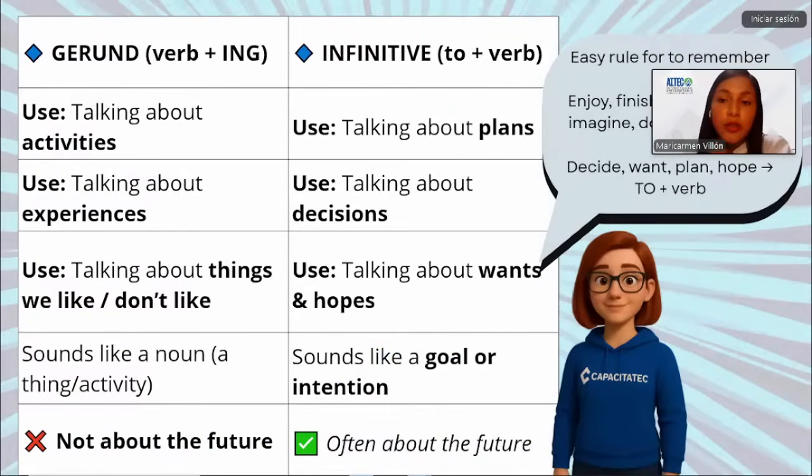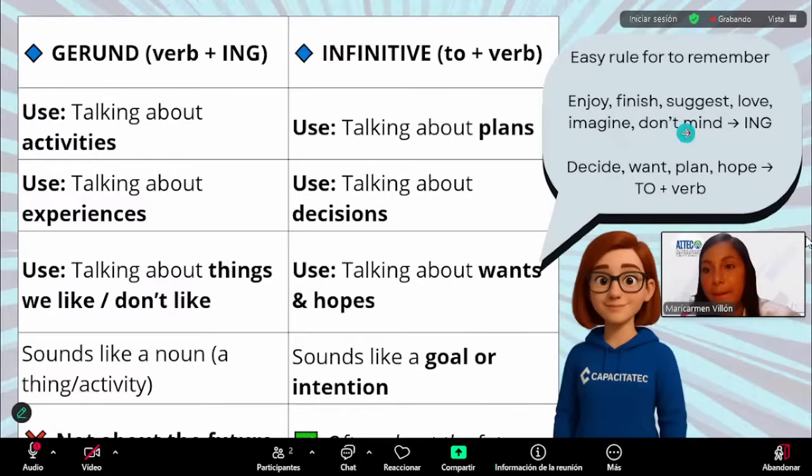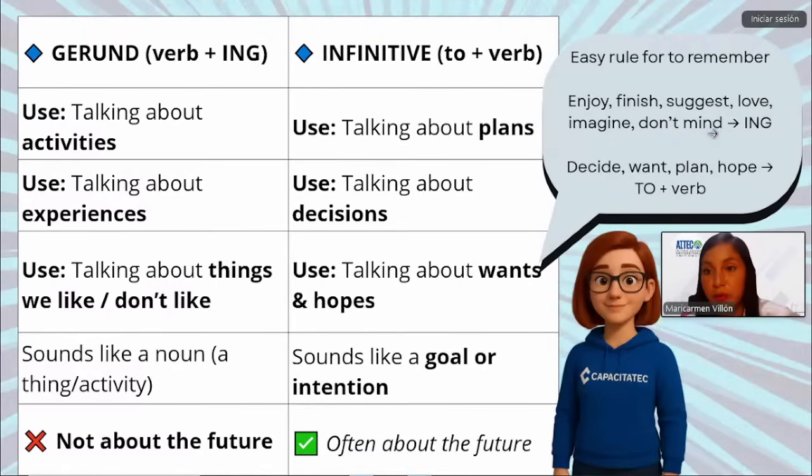Entonces, acá hay otro cuadrito muy sencillo para recordar. Entonces, puse aquí, enjoy, finish, suggest, love, imagine, don't mind. Agregamos ing al verbo. Por ejemplo, enjoying, finishing, suggestions para sugerencias, love para cosas que nos gusta, que no nos gusta, que amamos, imagine, cosas que imaginamos, don't mind, también para don't mind, utilizamos ing en los verbos.